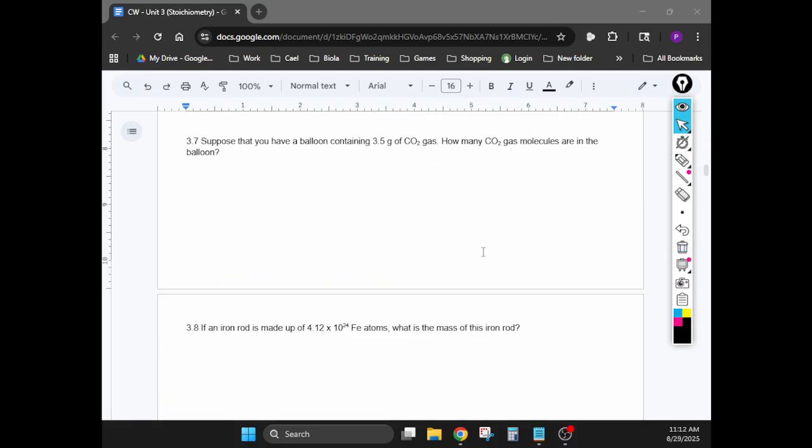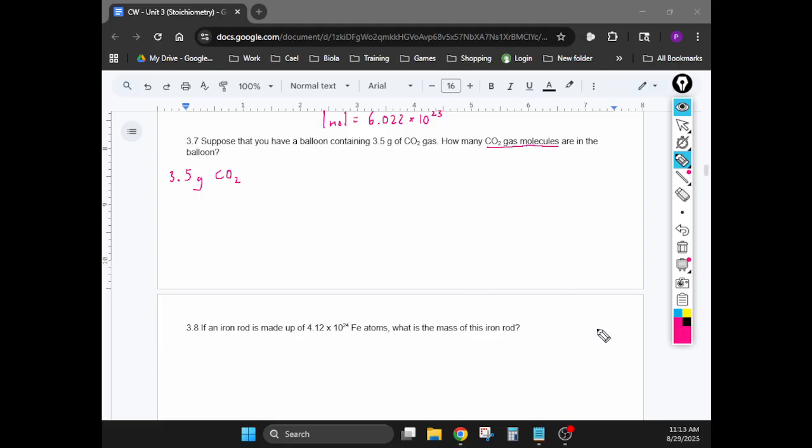Okay, so 3.7. Let's say that you have a balloon and it contains 3.5 grams of CO2 gas. So our starting number here is 3.5 grams of CO2. And what you want to do is convert this from grams into molecules.